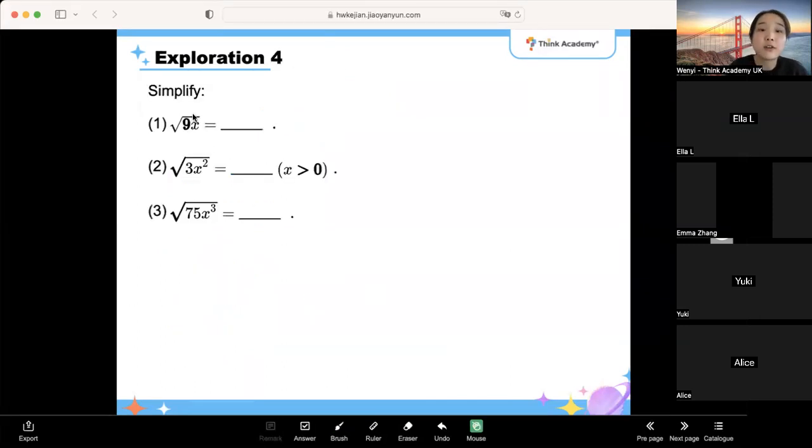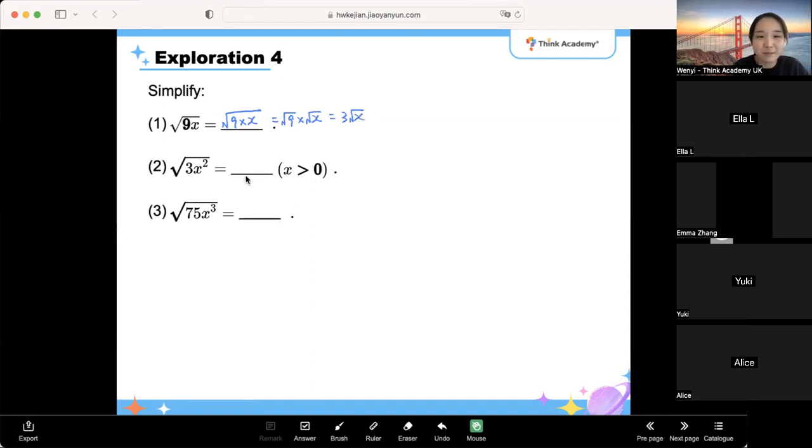Here we need to simplify surds like this, where under the root sign we have both numbers and letters. It's the same, right? So for the first one, to see it more clearly, I can write root 9 times x. Then factorize this surd, we get root 9 times root x, which gives us 3 root x.